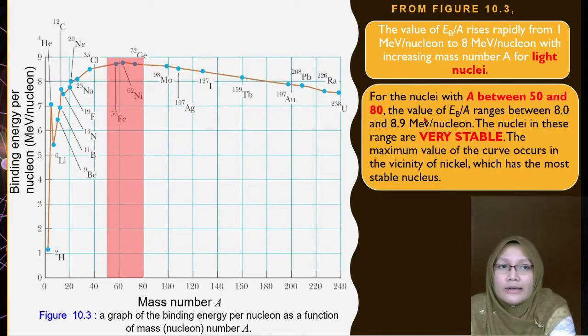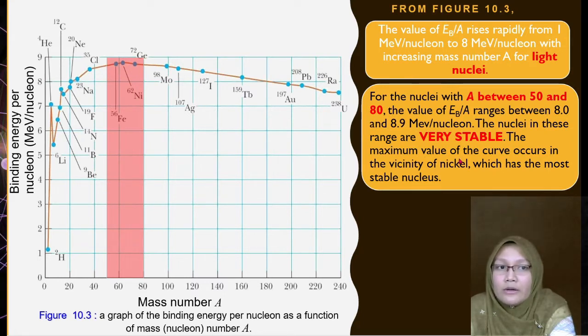Okay, for the nuclei with A between 50 and 80, this one the red color, the value of EB per A ranges between 8 and 8.5 MeV per nucleon. So this range kat sini 8 hingga 8.9. The nuclei in this range are very stable.